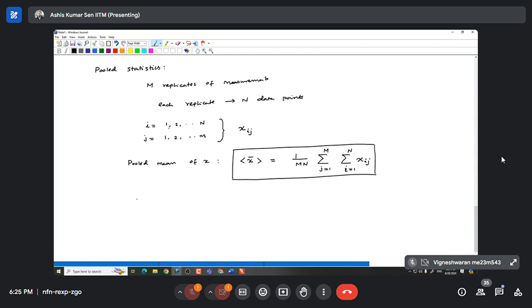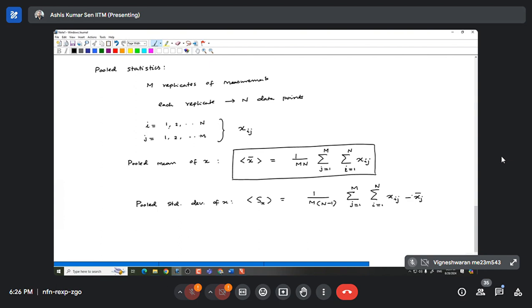And you can also talk about the pooled standard deviation of x. So you write Sx as the square root of 1 over m into n minus 1, sum over j equal to 1 to m, i equal to 1 to n, of xij minus xj mean, whole squared.